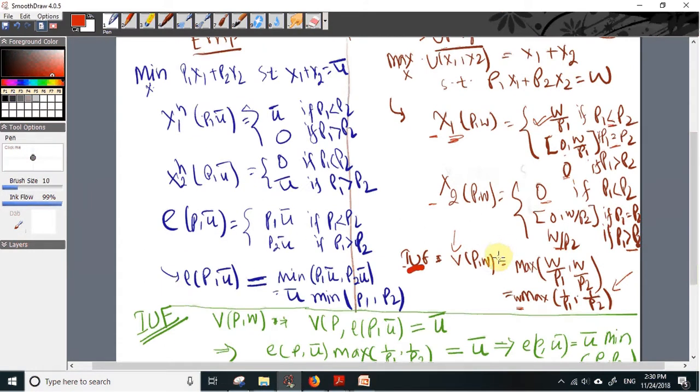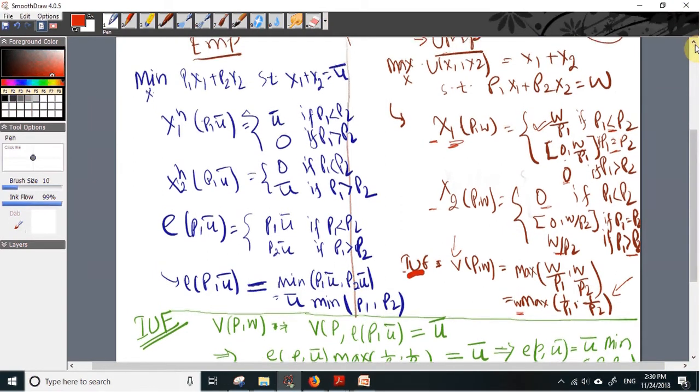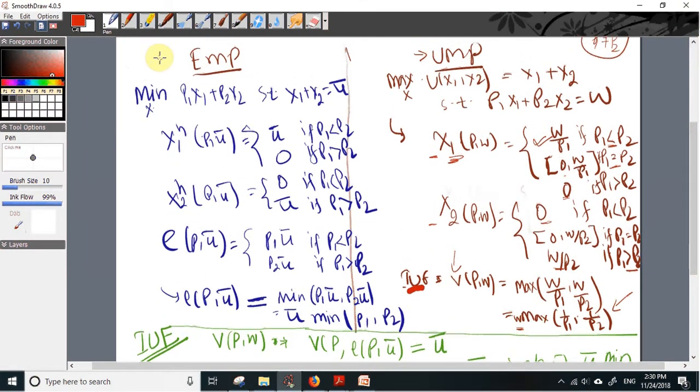Before that, let us derive the expenditure function from the dual problem or the expenditure minimization program. So here the problem is to minimize the expenditure P1x1 plus P2x2 by choosing the values of x1 and x2 such that the consumer achieves the targeted utility level U bar.